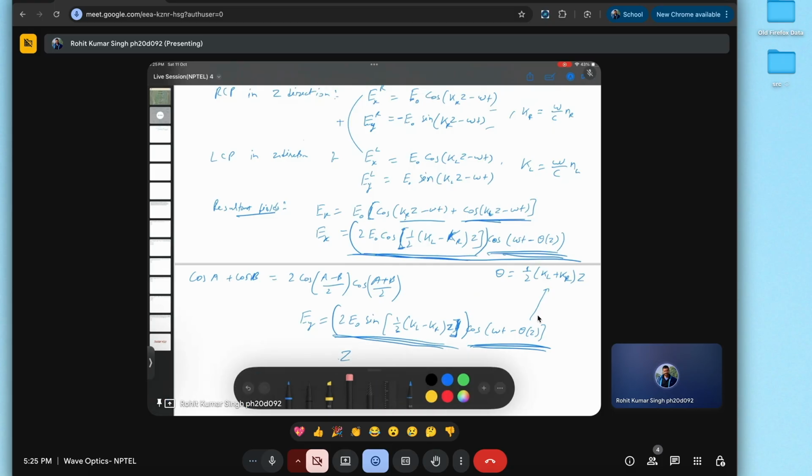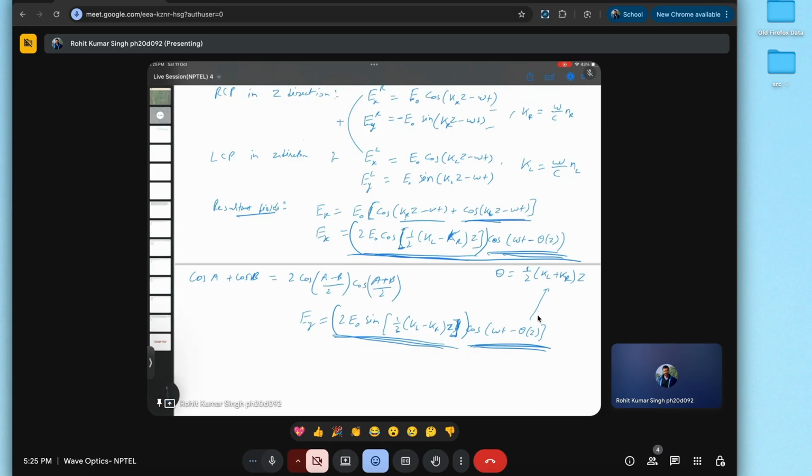and the time dependent, so the wave part of it, both the components have the cos dependence. And what does it represent? If you have both x and y cos dependent, what do you get?